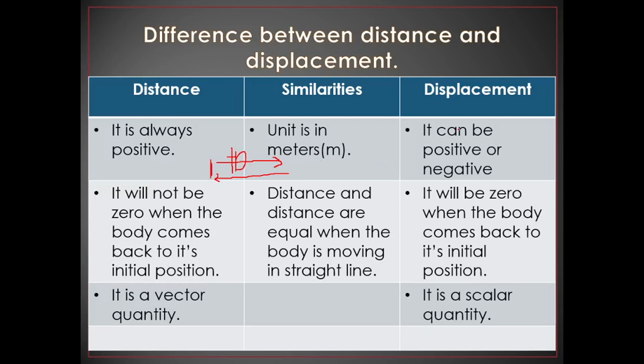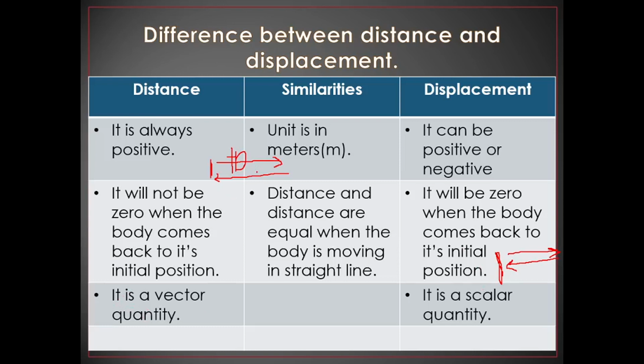And the displacement will be zero when the body comes back to the initial position. So if it goes like this for 1 meter and then again comes back to this point, the displacement will be zero, whereas the distance won't.